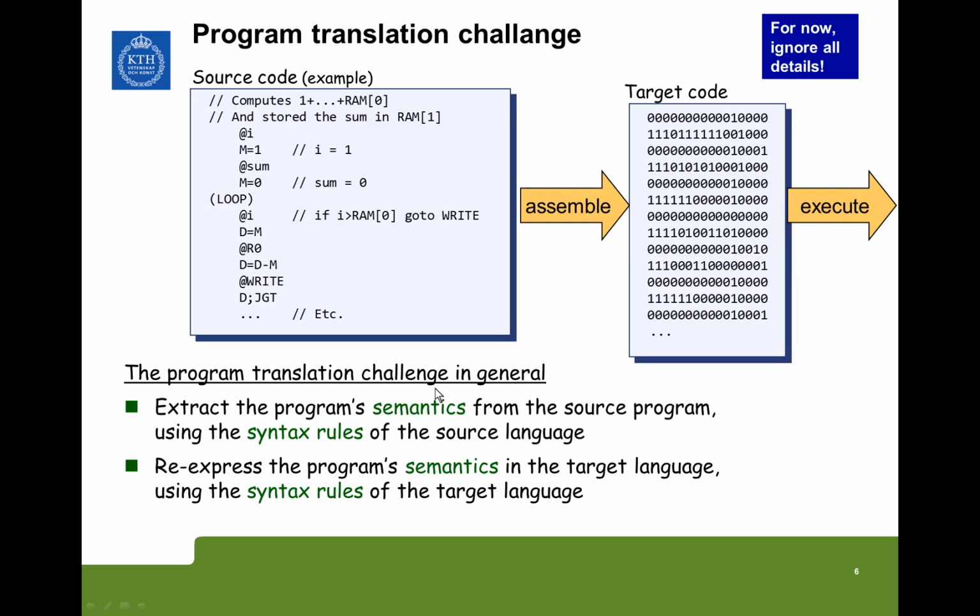That is, understand what the program is doing. This is the program semantics. The syntax rules are the set of grammar rules that define the language. Once we did that, we need to re-express the semantics in the target language using the syntax of the target language.